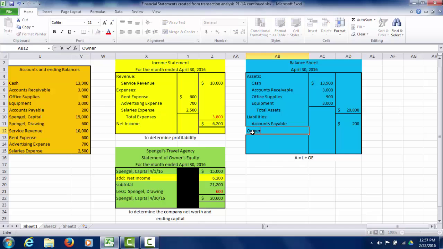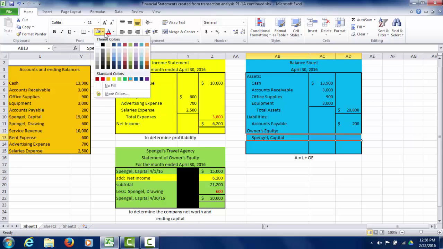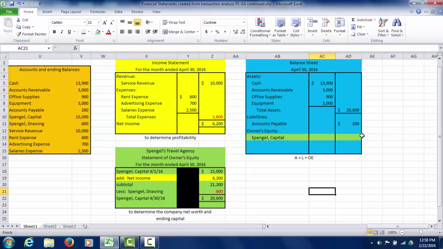Then I want to enter in my last category, which is owner's equity. And I want to enter in the answer from my green document. Okay, so let's put it in here first, Spengel Capital. And let's actually turn this entire row green so you know where it came from. Okay?